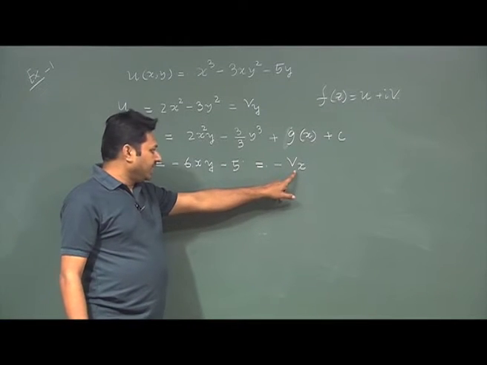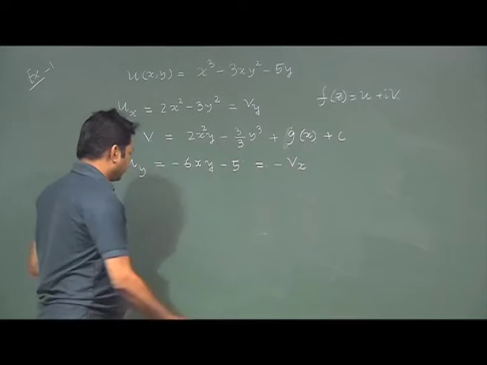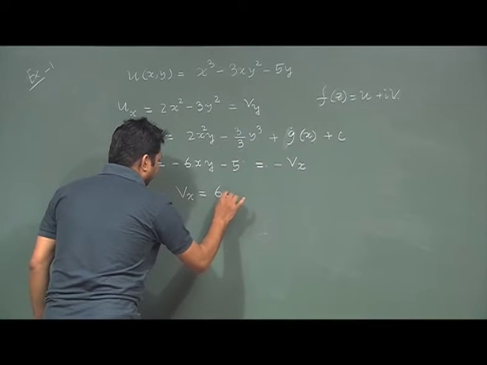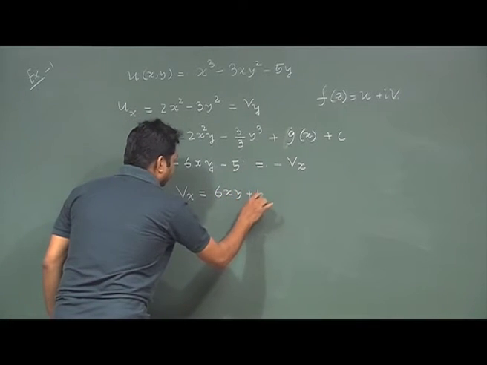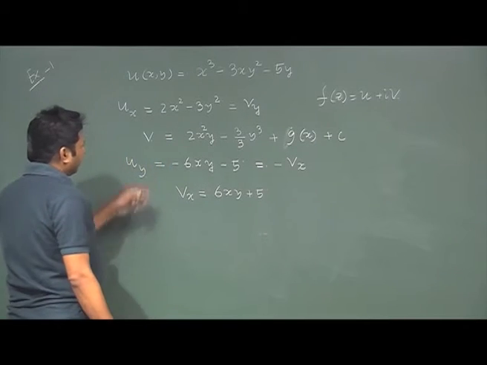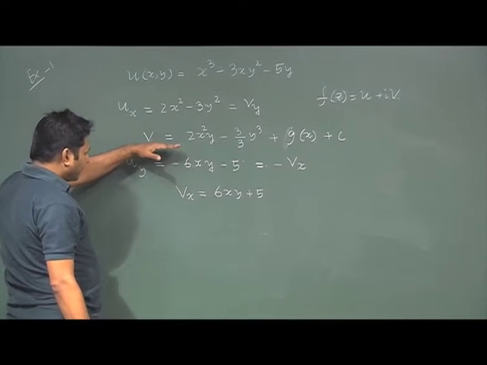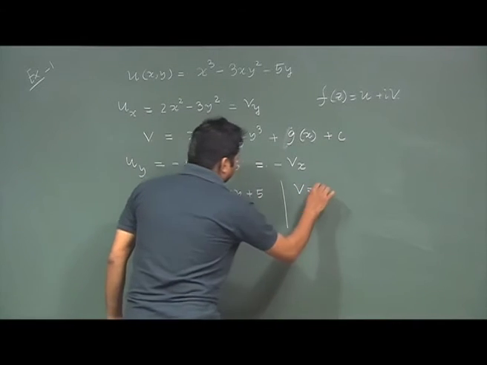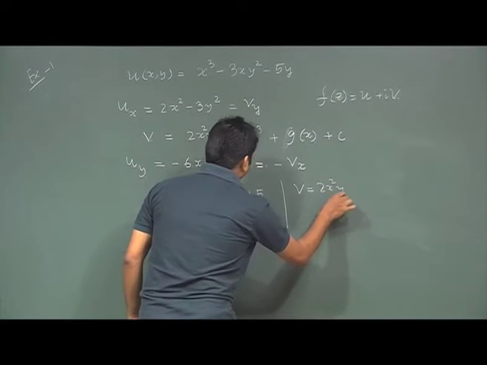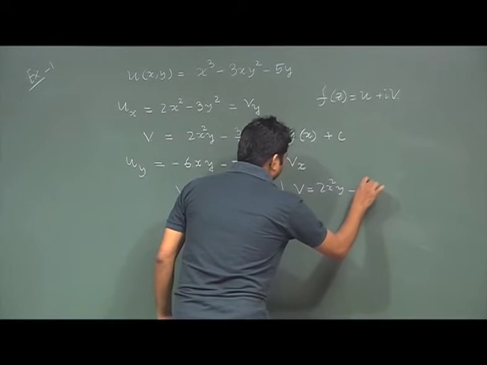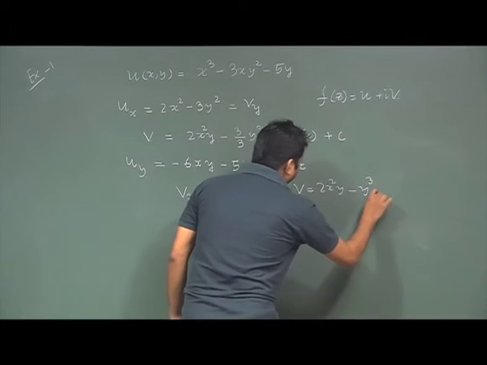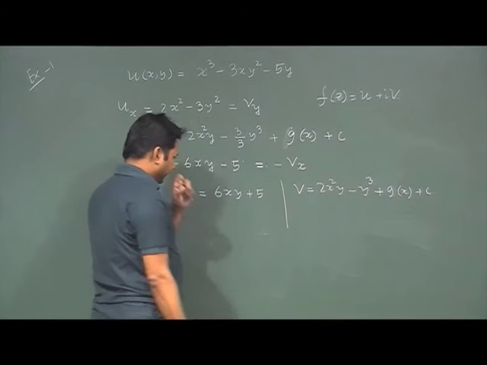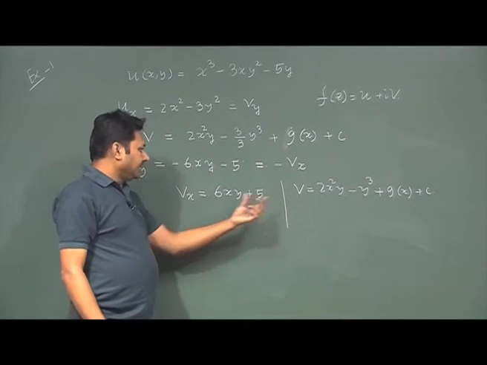So, that means vx, I know this quantity. So, vx is my 6xy plus 5. From here I already have my v. So, my v is 2x square y minus y cube plus g of x plus c.